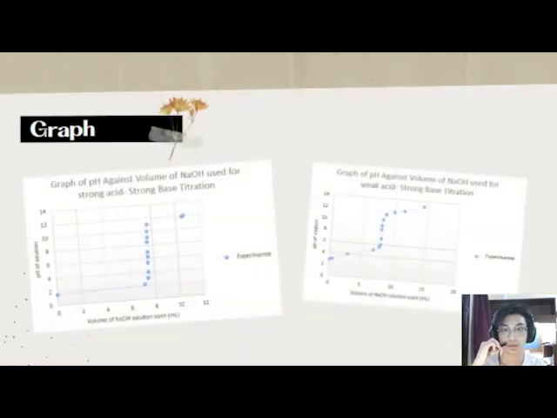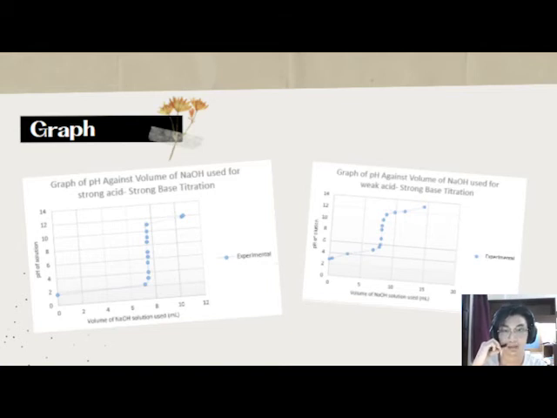When we proceed further to the graph, we are able to observe the relationship between the pH value and the volume of titrant, which is sodium hydroxide solution in this case. This also allows us to determine the trends and patterns among the data collected. Let's use this graph as an example. From the graph, we are able to differentiate the little things just by comparing their shape.